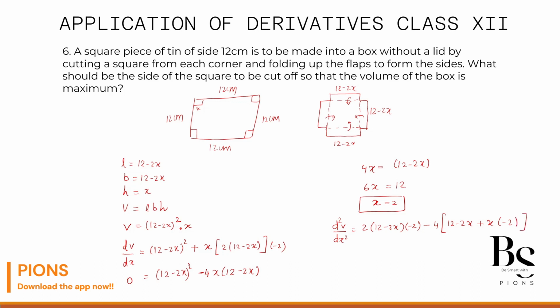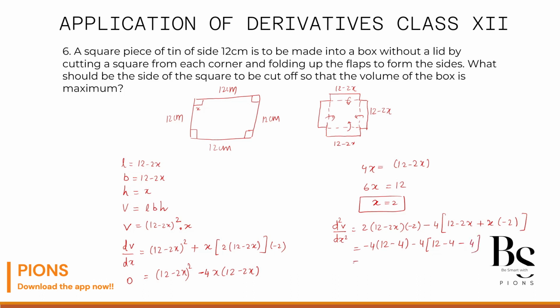Now let's substitute x as 2 and see if you are getting a negative value. If you are getting a negative value, then volume is maximum, otherwise it is not. So putting 2, it will be 2 into (12 minus 4), 2 into (12 minus 2 into 2) minus 4 plus x into minus 2, and x is 2, so minus 4 again.